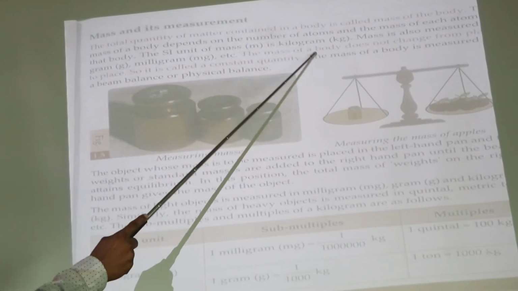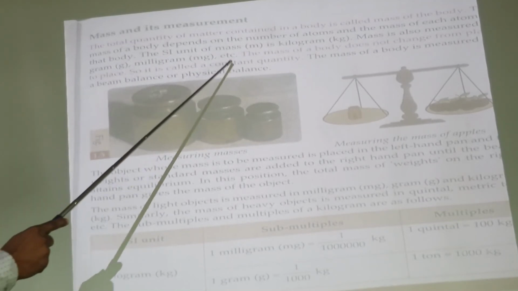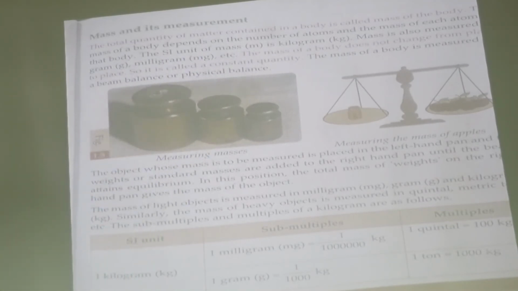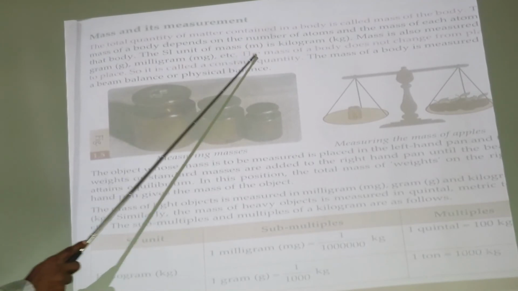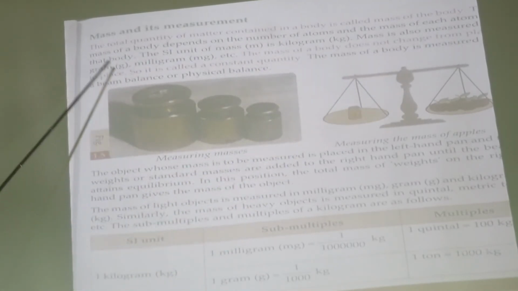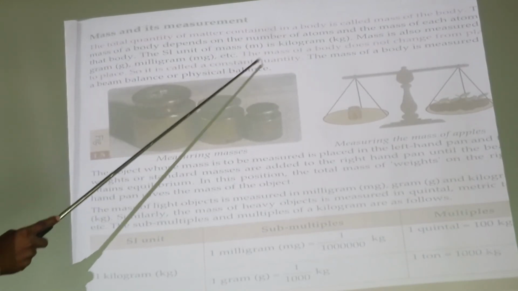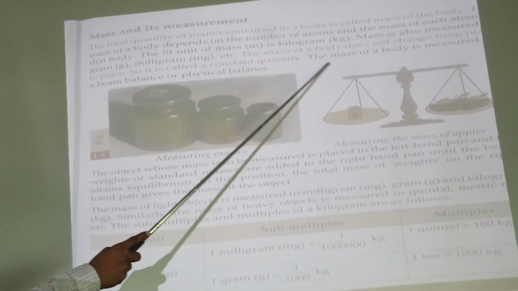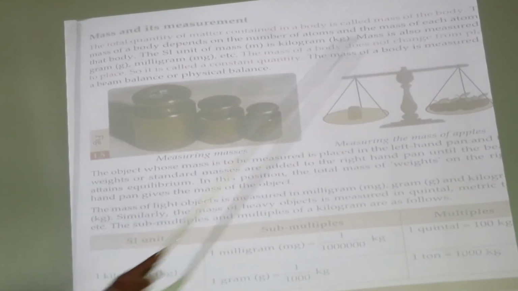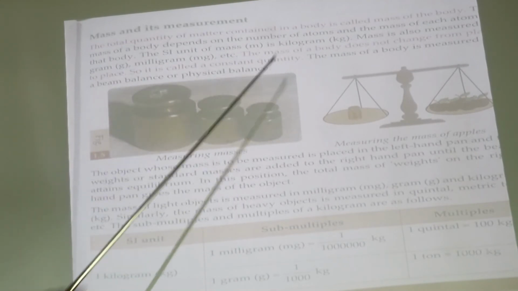The mass of a body does not change from place to place, so it is called a constant quantity. The mass of a body is measured by a beam balance or physical balance.